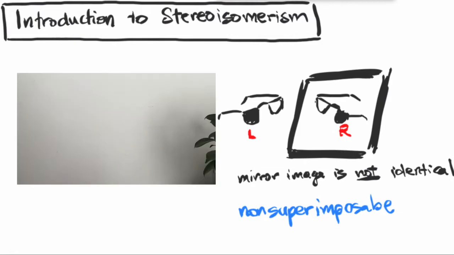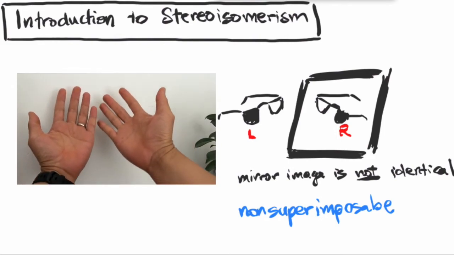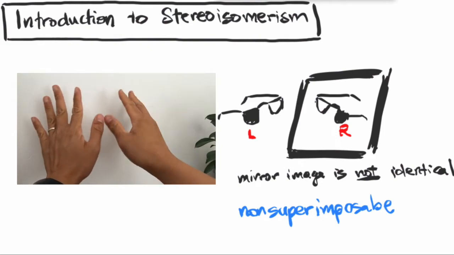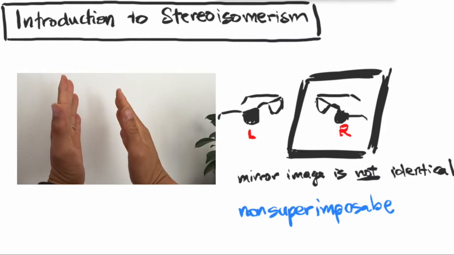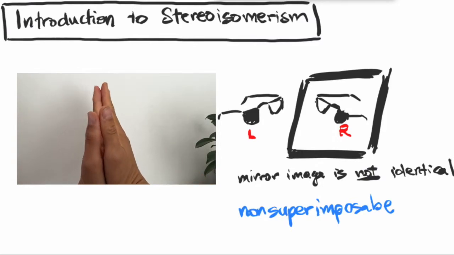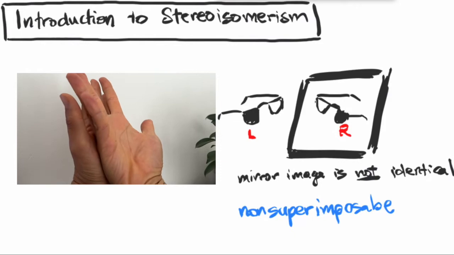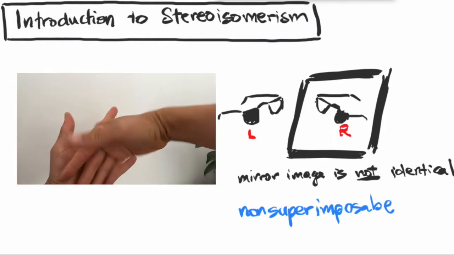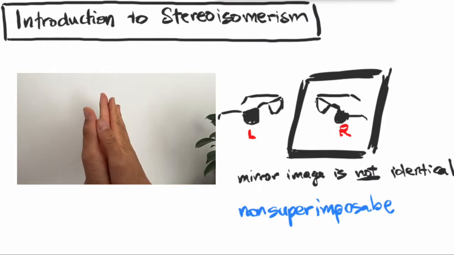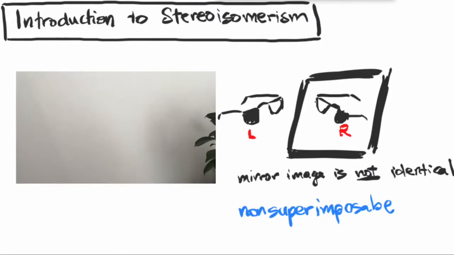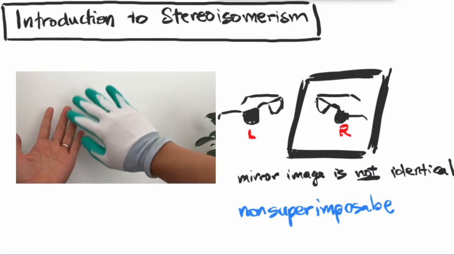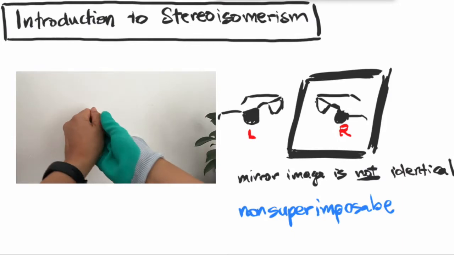Another example of this are your left and your right hands. Take a look at them. Put them in front of you as if one is the mirror image of the other. However, can they be superimposed onto one another where one melds into the other, right? Completely disappear? You cannot, right? Another way of thinking about this, if you had a glove for your right hand, can you put it on your left hand?